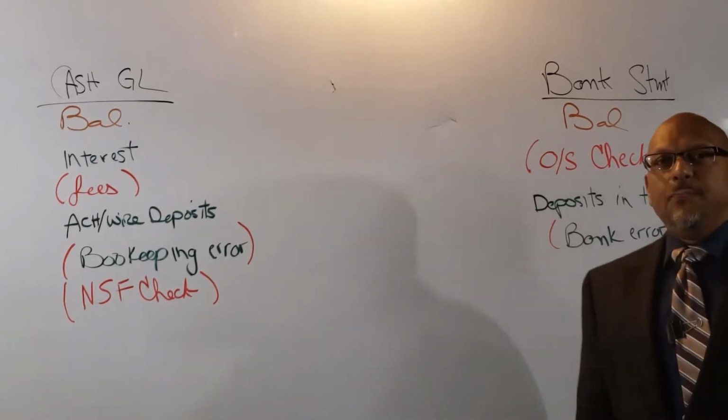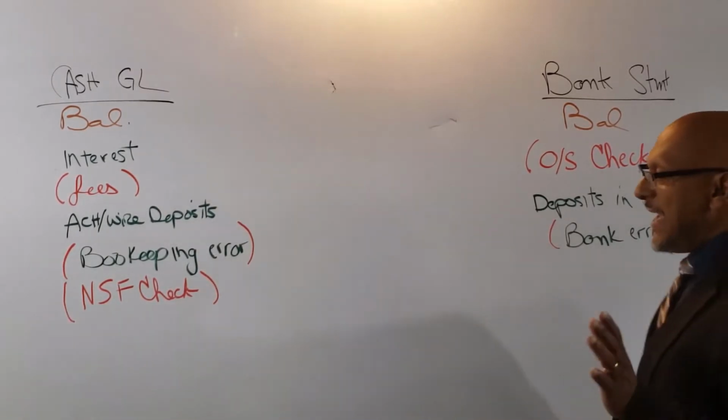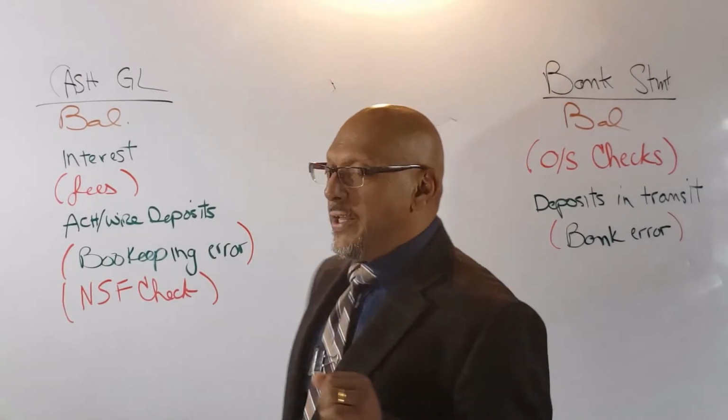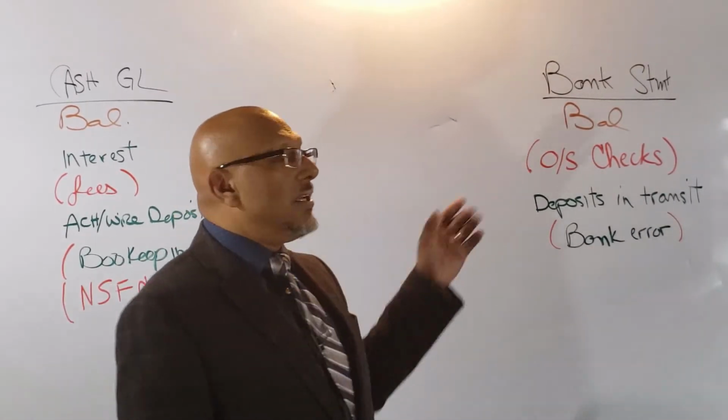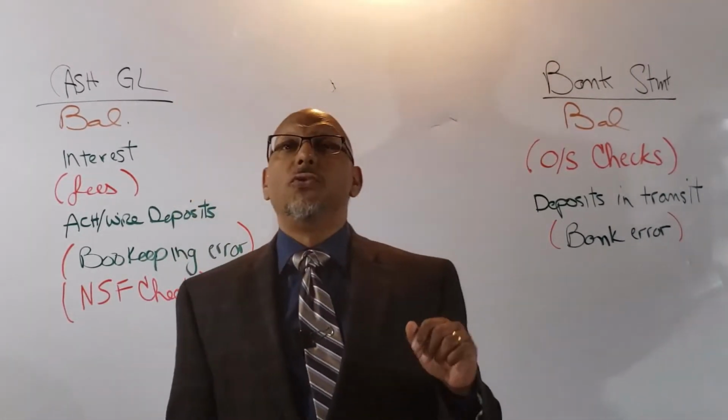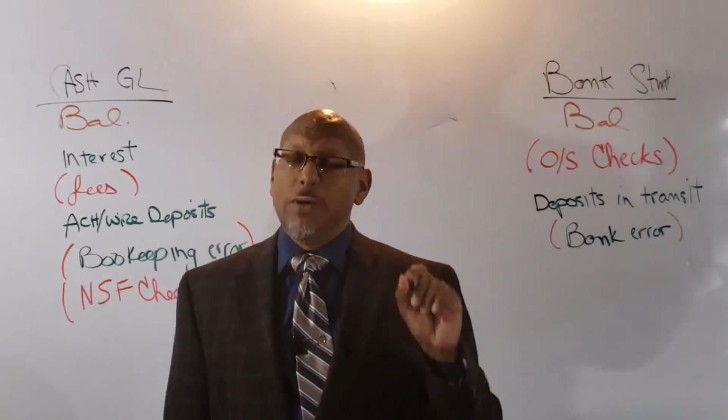And lastly, and these are general, what we have to think about is what if there's any money that is electronically withdrawn from our bank that we don't know about?